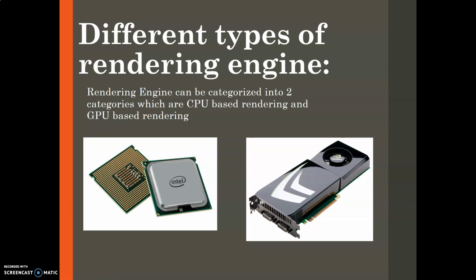These days, all the modern rendering engines are trying to move from CPU based rendering to GPU based rendering, because when you're rendering using a GPU, it tends to give a much faster result as compared to CPU, because CPU is an old technology, right?